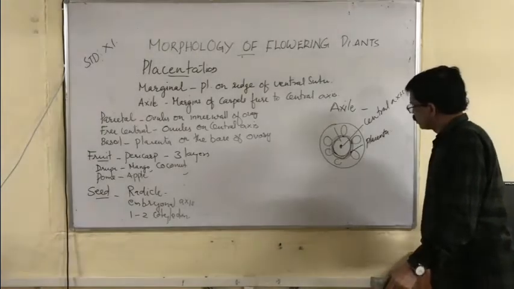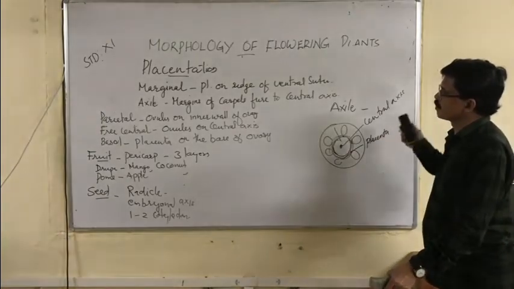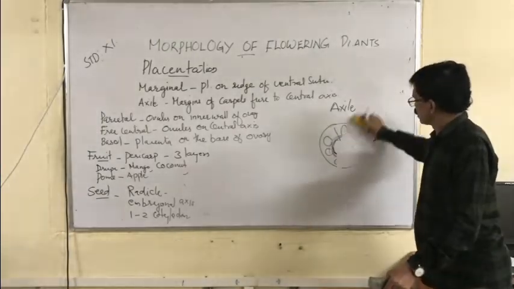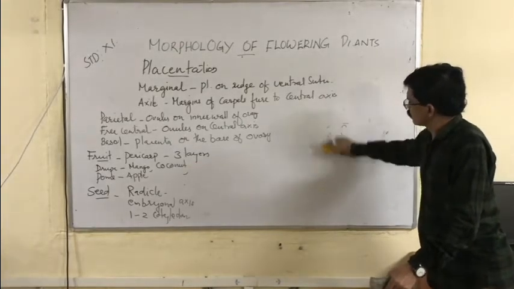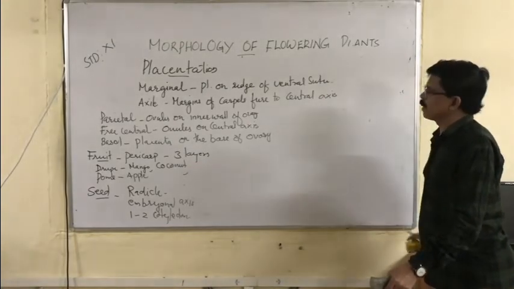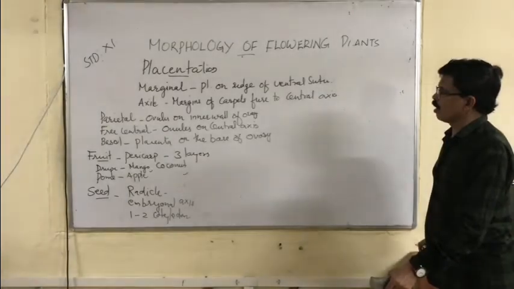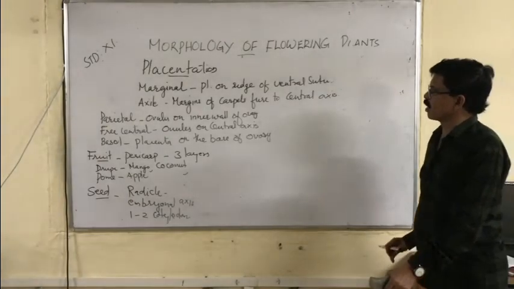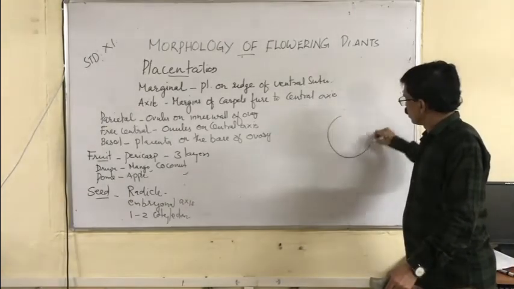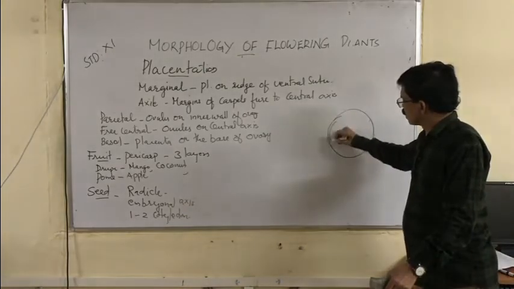Now the next one is parietal placentation. In parietal placentation, ovules are arranged on the inner wall of the ovary. Suppose this is the ovary and this is the inner wall.